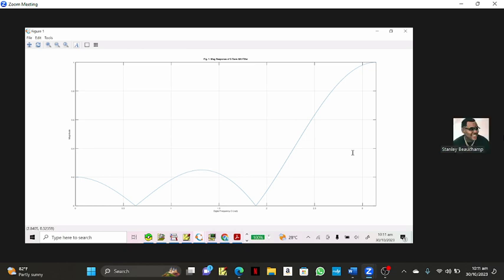Is it still pi over 5? How can that be possible? How does that make sense? That's for a low-pass filter, sorry. Knowing that for the low-pass filter it is pi over 5, look at the symmetry. What should it be for the high-pass filter?